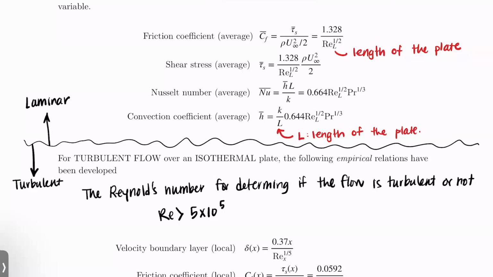So the first step is to calculate the Reynolds number for your plate. If it's greater than that, you're going to use the expressions that I'm going to talk about in just a second. If it's lower than that, then you can go ahead and use the laminar ones.